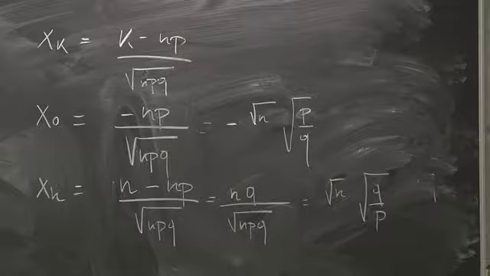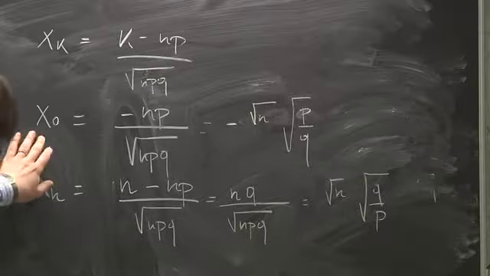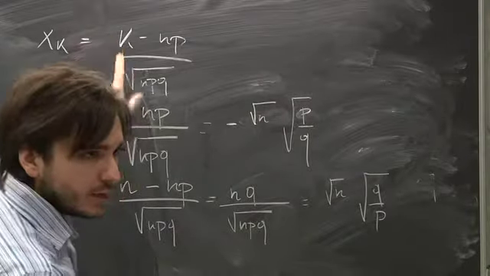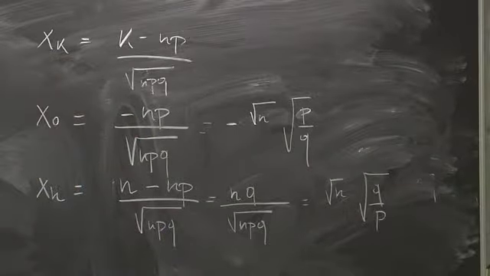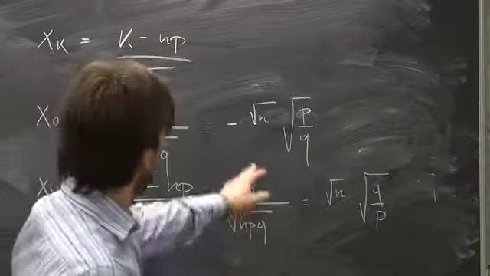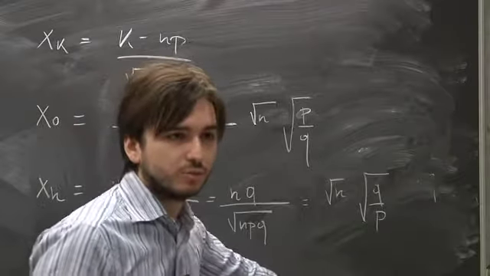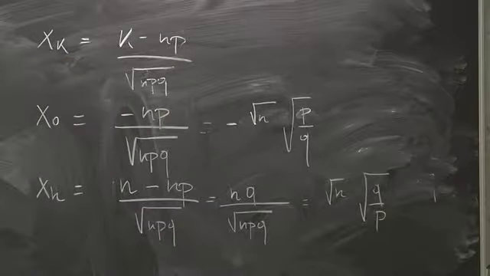This is just the end point of the distribution. So this is the x which corresponds to k equal to 0, and this is the x which corresponds to k equal to n. And then you see that if n is large, this one goes to minus infinity, and this goes to plus infinity. So for x, the end points approach plus infinity and minus infinity.